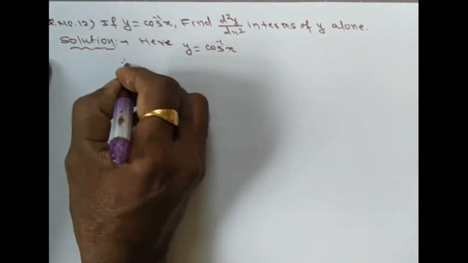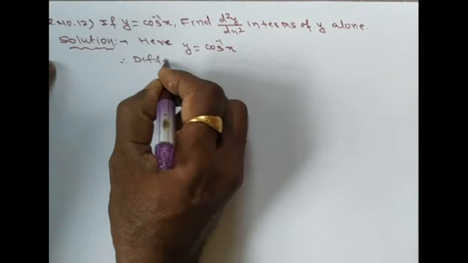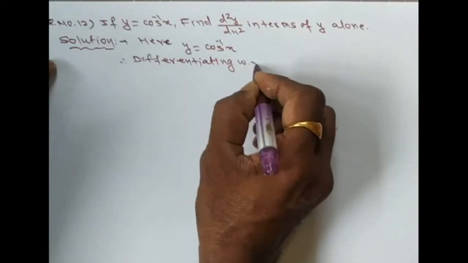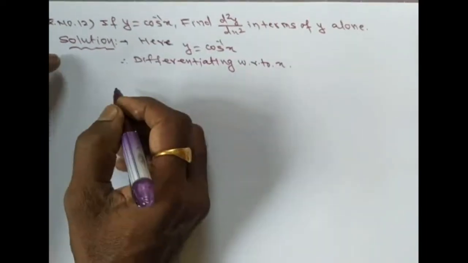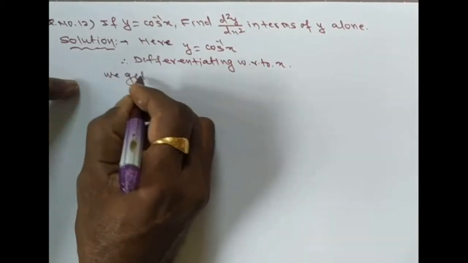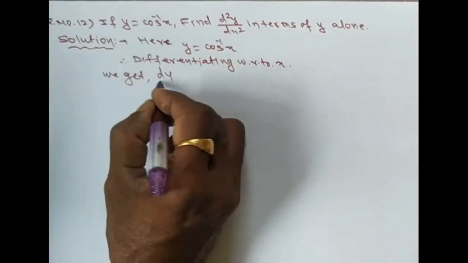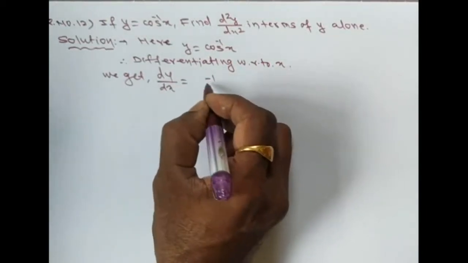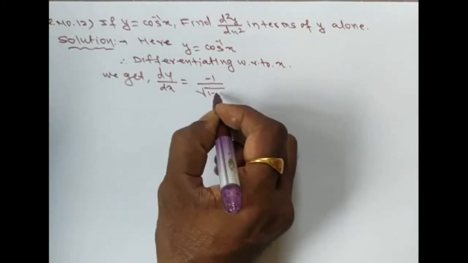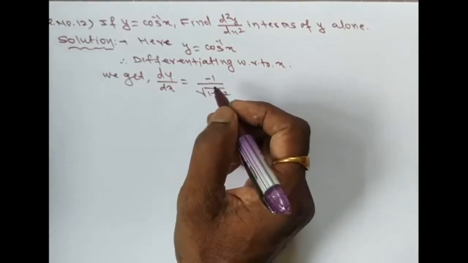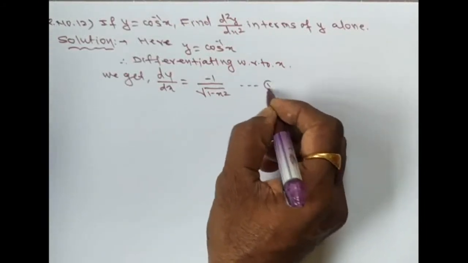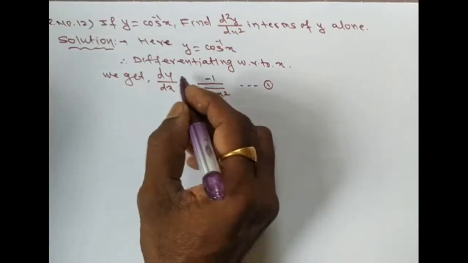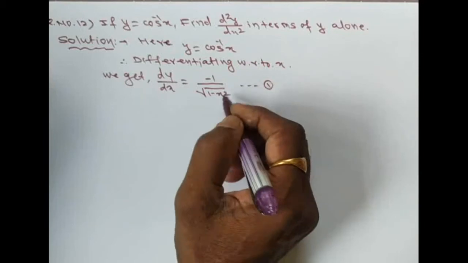Okay student, therefore differentiating with respect to x on both sides, we get dy by dx equals, the derivative of cos inverse x, minus 1 upon under root 1 minus x square. This is number 1, this is your dy by dx. Before differentiating again, let us convert this x in terms of y.